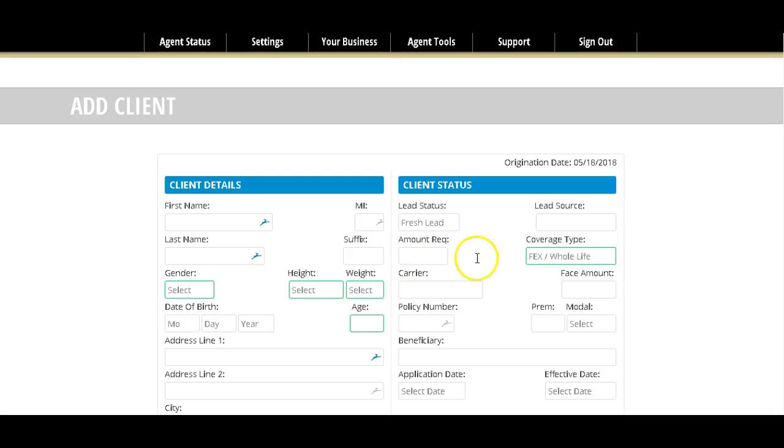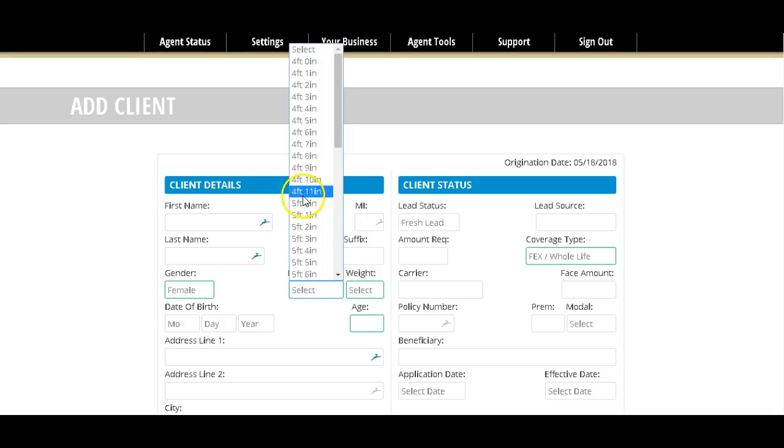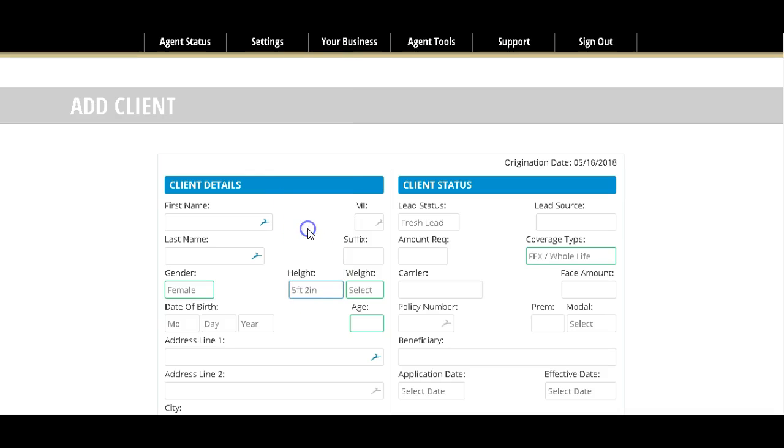So let's say we have a female that is 5'2" and let's say she's 144 pounds. Okay, we'll say that her date of birth is July 18th, 1947. Go ahead. It populates her age already.